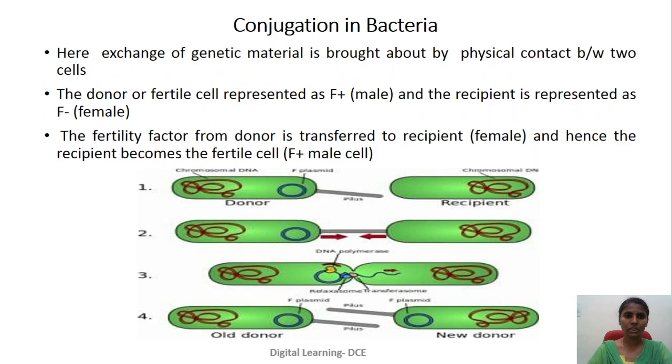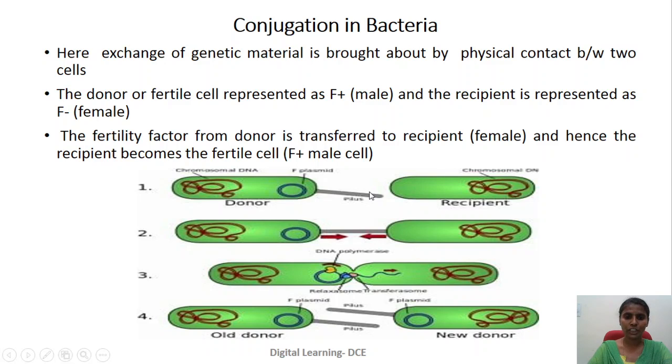In conjugation, exchange of genetic material is brought about by physical contact between two bacterial cells. During conjugation, the bacterial cell which contains the F plasmid is referred to as the F plus cell and it is designated as the donor bacterial cell, whereas the bacterial cell which lacks the F plasmid is designated as the recipient cell or F minus cell.